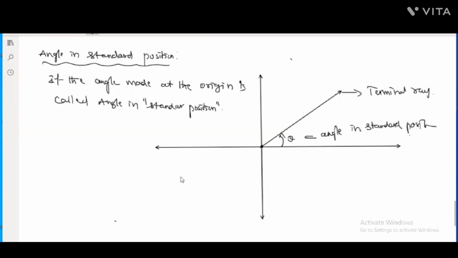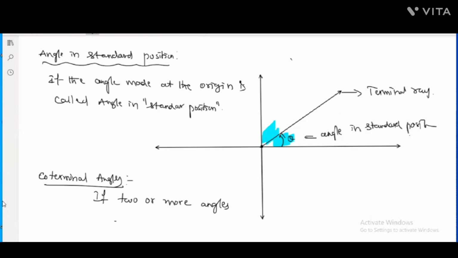What is meant by coterminal angles? Coterminal angles mean that if two or more angles have the same terminal side, here this angle and this angle both have the same terminal, then they are called coterminal angles.